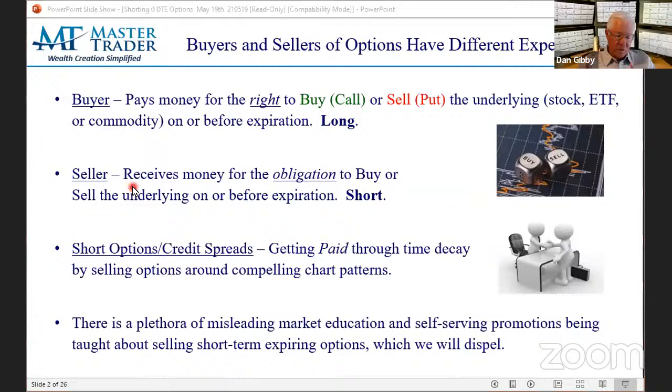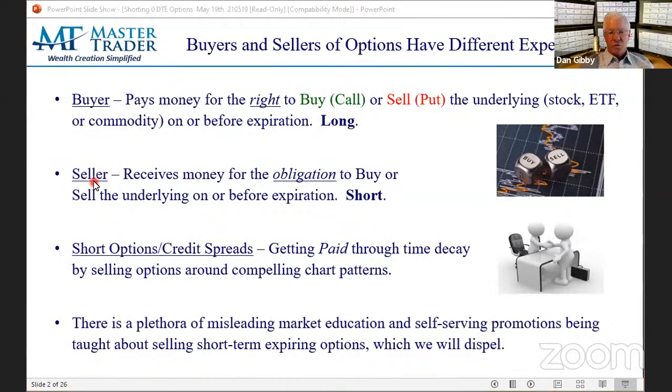Okay, and we do that too when we have a directional setup. But now the seller of that same option, we're going to receive that money, and we have a corresponding obligation to fulfill the buyer's rights.